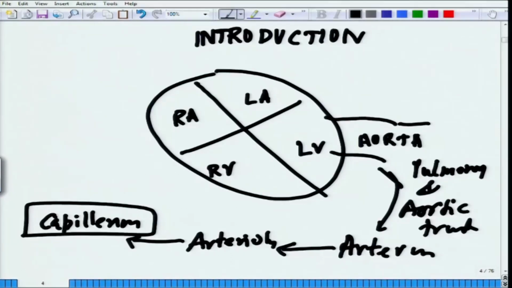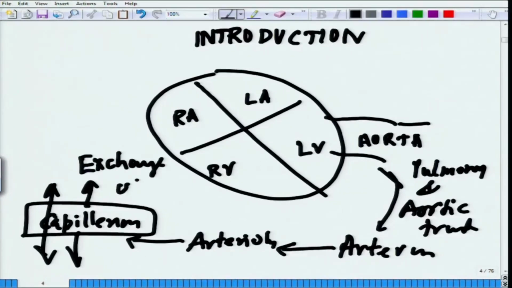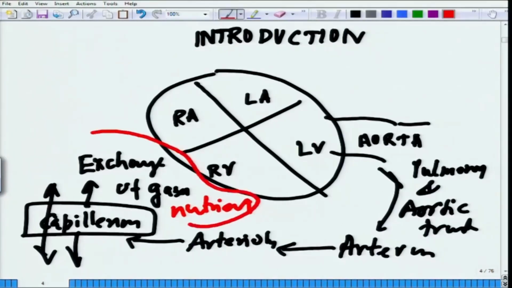And the capillaries are the zone where there is a maximum exchange of nutrients and gases. The exchange of gases, then nutrients, all takes place at the capillary bed. This is the major exchange zone.